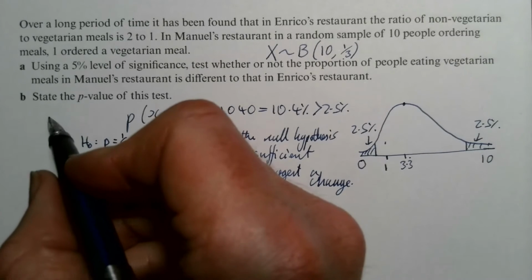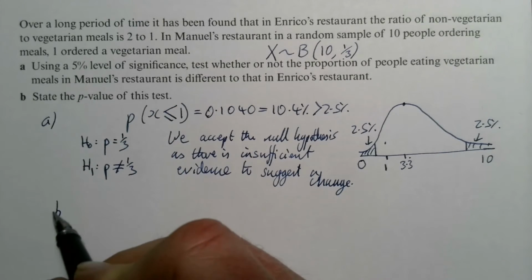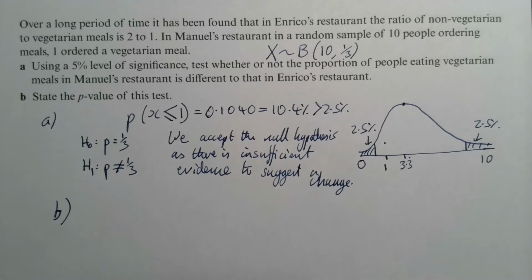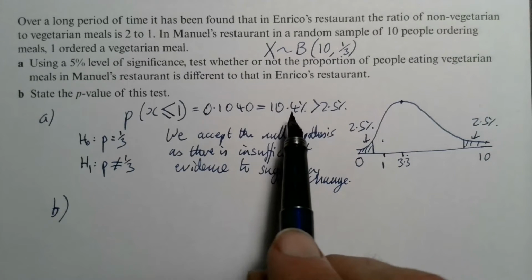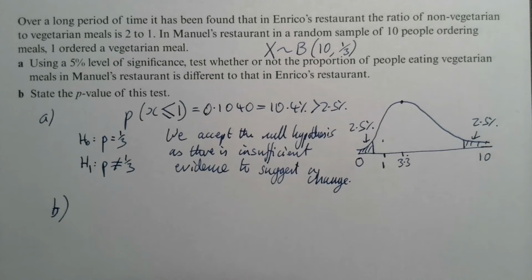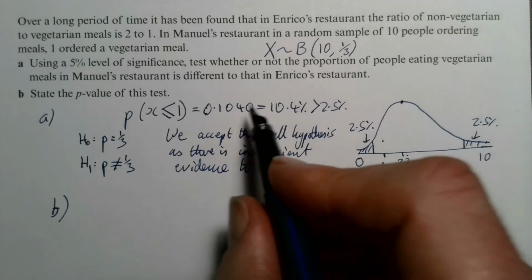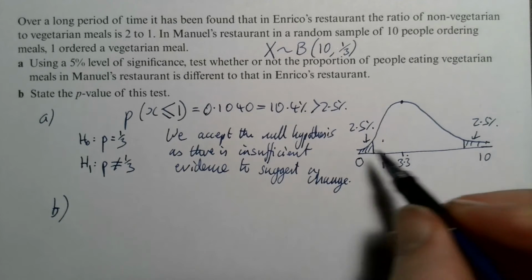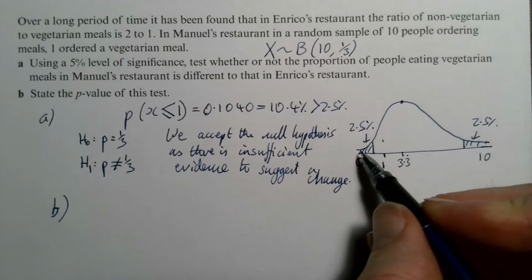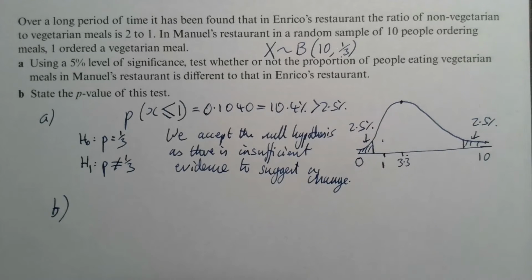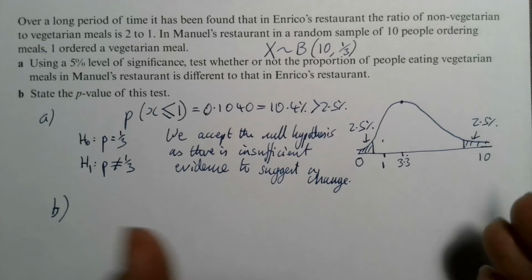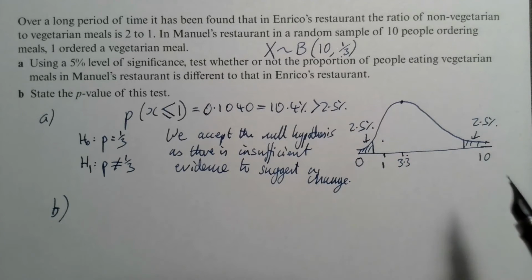Now that was all part A. Part B, the p-value is actually saying what probability are we really saying would happen according to this. Now that's 10.4%, which is 0.104, but because it's two-tailed, if it was within what we wanted, then that would have been a 20.8% would have to be the amount that we were saying for our significance before it would go.